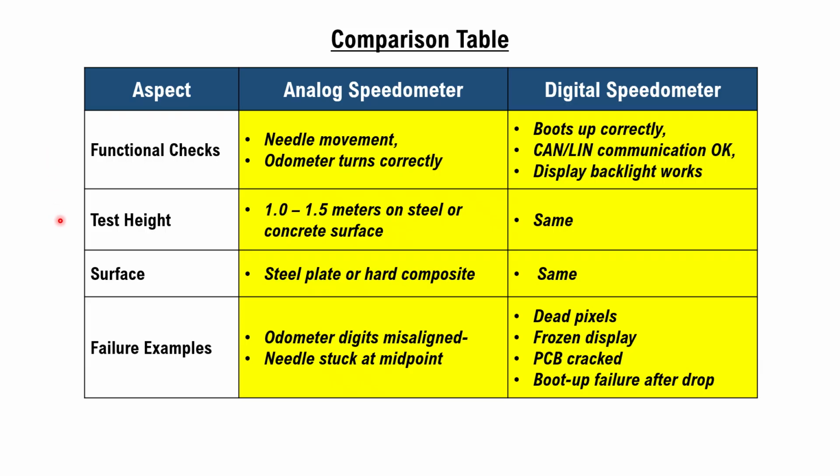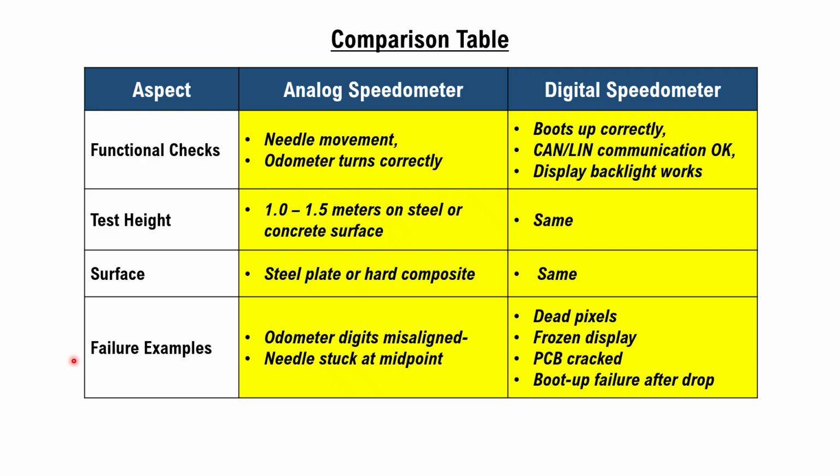Test height: 1.0 to 1.5 meter on a steel or concrete surface. In case of digital speedometer, it is same. Surface: steel plate or hard composite. In both the cases, it is same. Failure example.